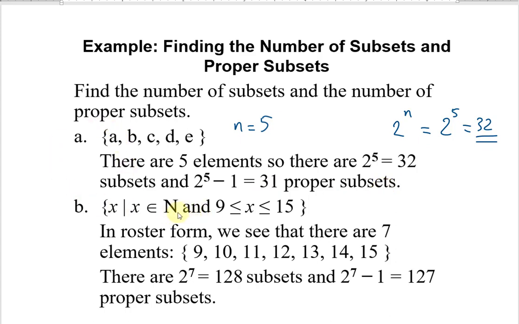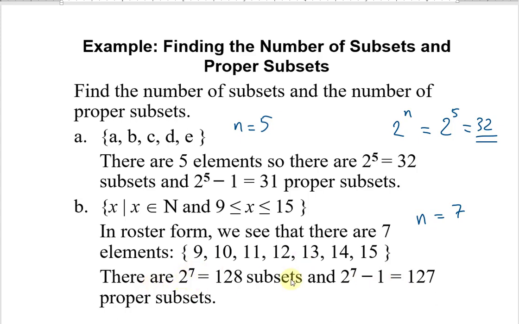Now this one, x belongs to the natural numbers, and it's between 9 and 15. So we have 9, 10, 11, 12, 13, 14, 15. So 1, 2, 3, 4, 5, 6, 7. We have 7 elements. So n equals 7 in this case.